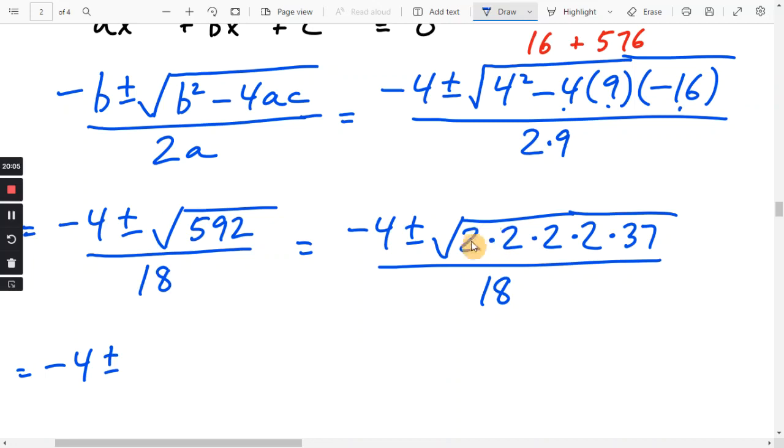Okay, now here, whenever you have a number multiplied by itself, you can cancel it and factor one of them out. So 2 times 2, factor out one of those 2's. 2 times 2, again, factor out one of those 2's. And we're left with radical 37. And that's divided by 18.